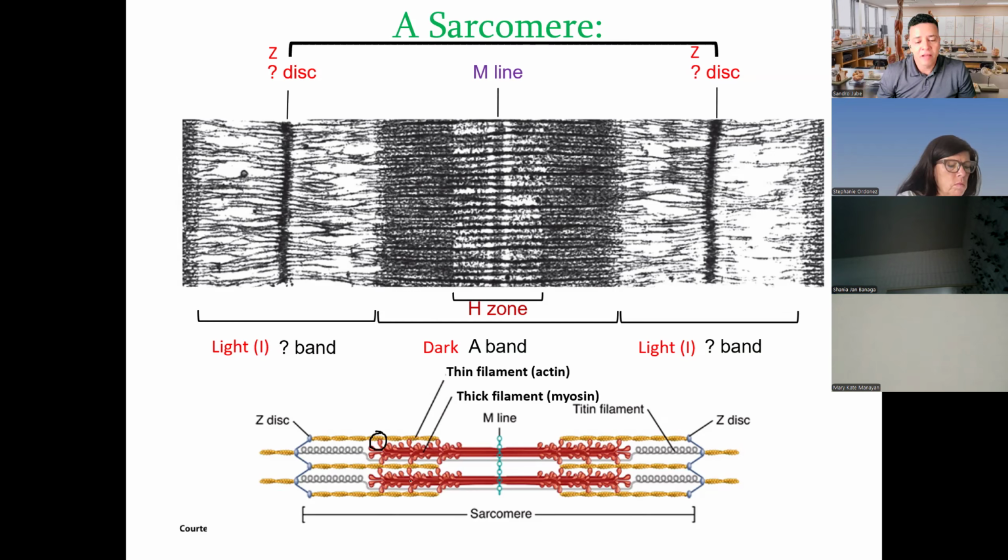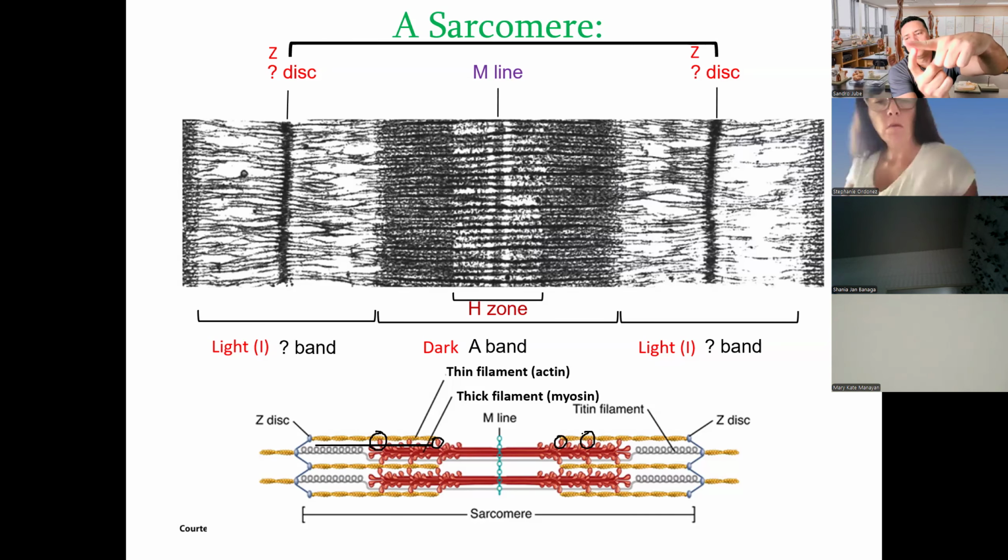And the thick filaments have these little heads right here, these little structures poking out. These are what we call the myosin heads. And we can see how these myosin heads are touching the overlapped section of the thin filament. Imagine my finger here is the myosin head, okay? They are touching the overlapping section of the thin filament.